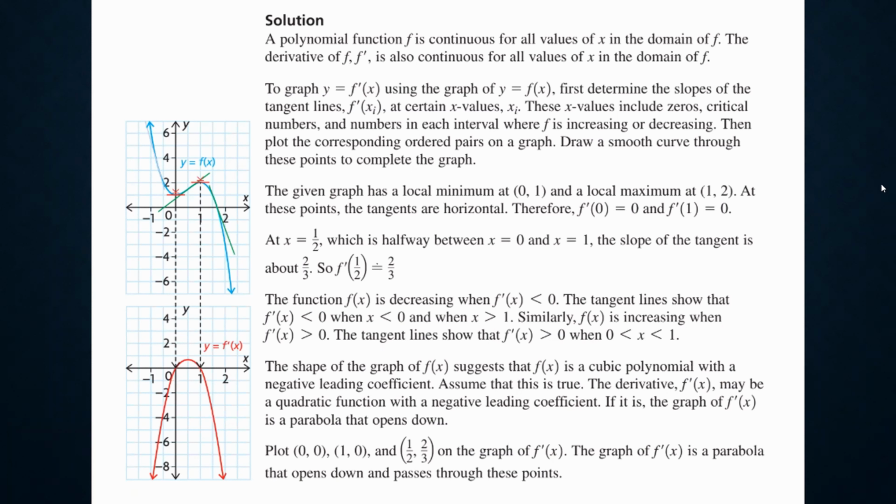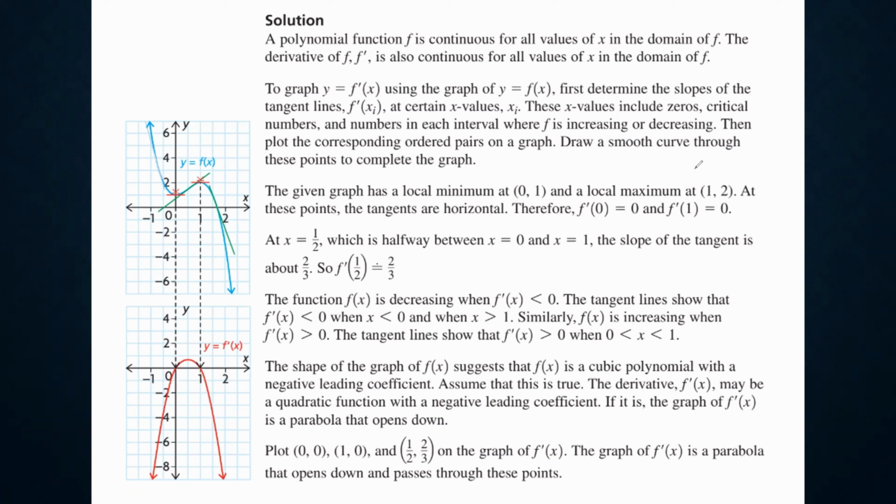And these points are going to include zeros or intercepts, right? When x equals 0, y equals 0.